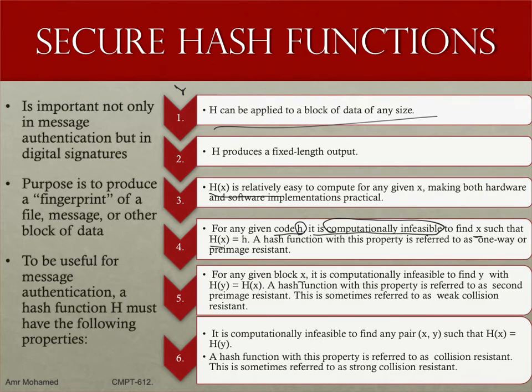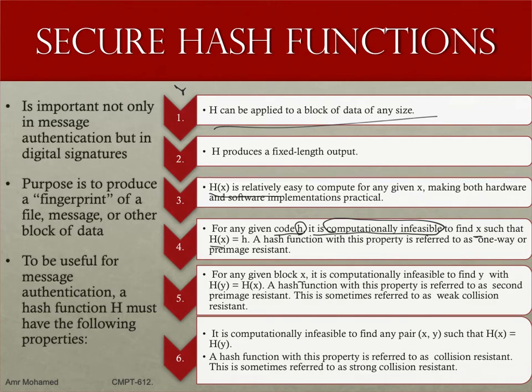And when we say computationally infeasible, does that mean impossible? Why is it theoretically always possible to generate two messages with the same digest? Because of the hash collision point. There will always be collisions.